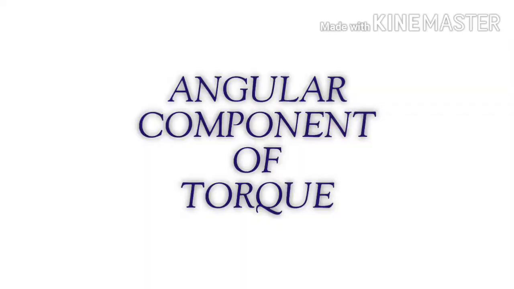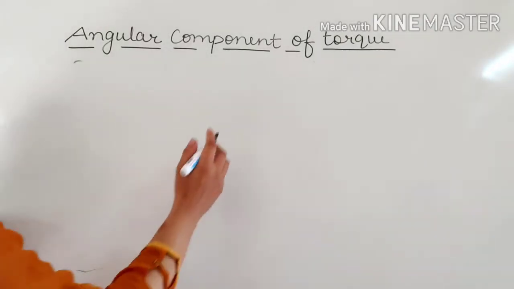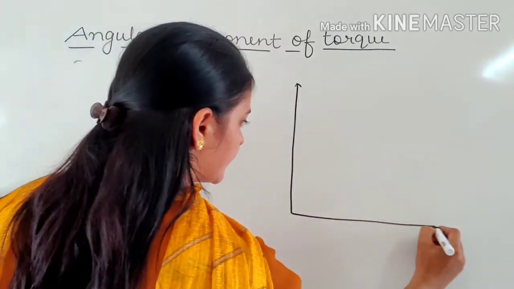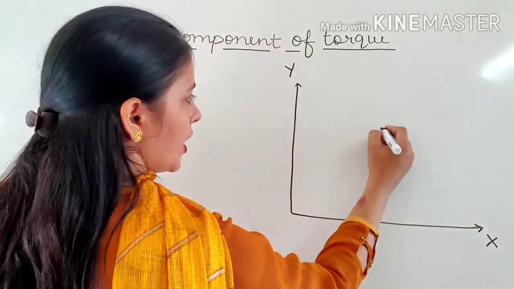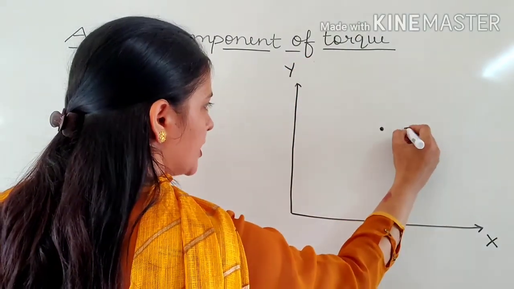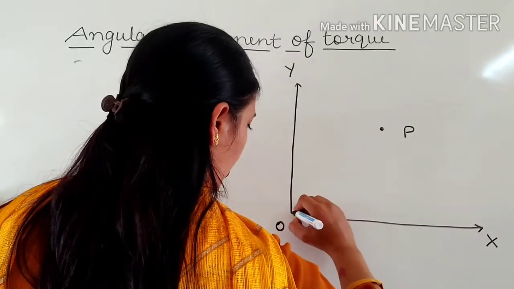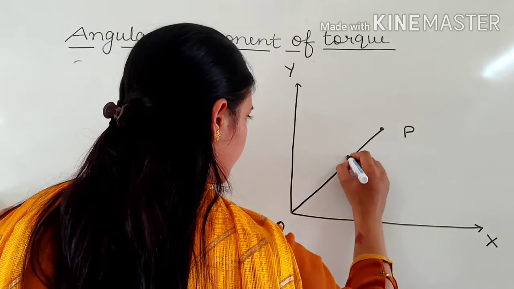Angular component of torque. Let us consider a plane xy in which a particle P is rotating about origin O, having position vector r.